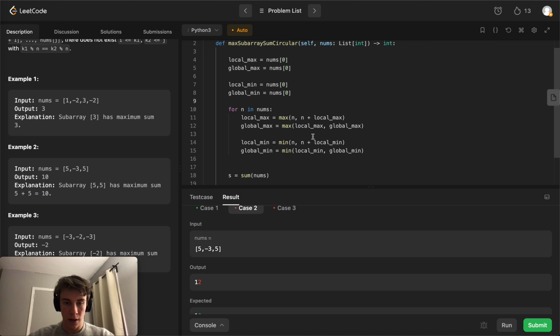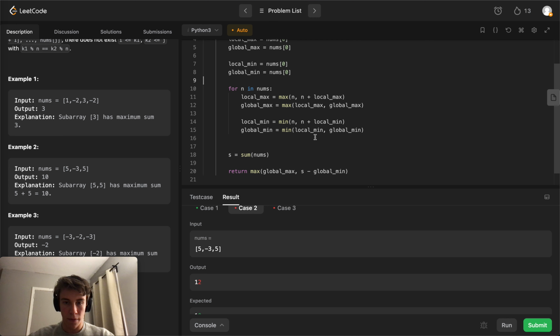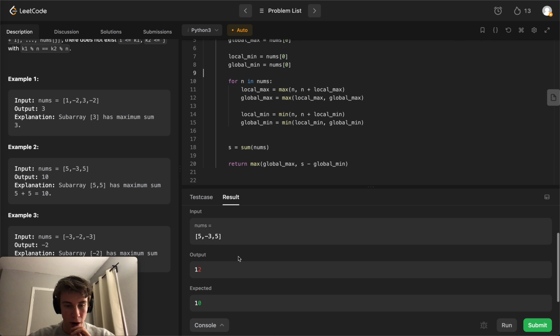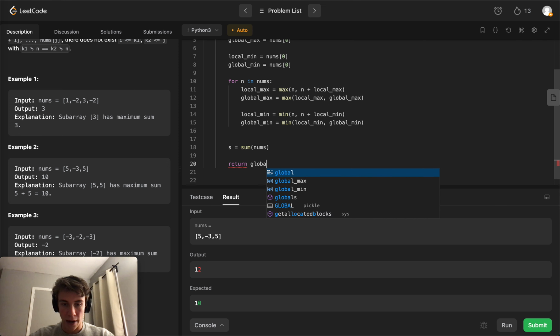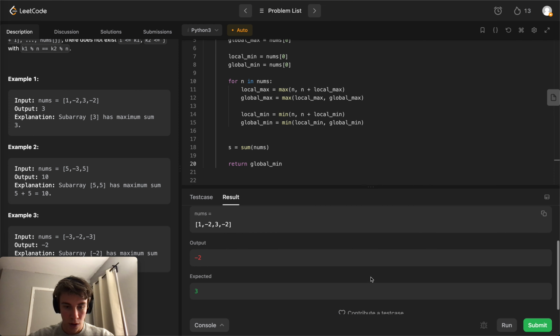Let's check where this 12 would actually come from. For this purpose, let me remove the global min and actually check that we're counting global min correctly.